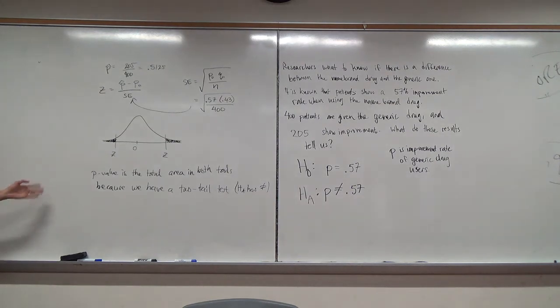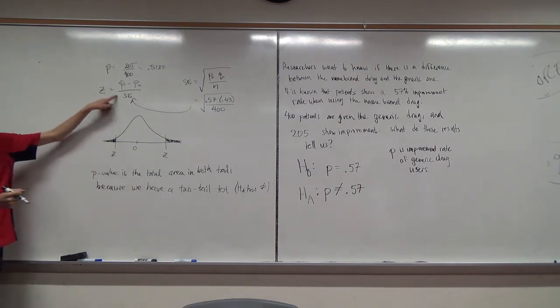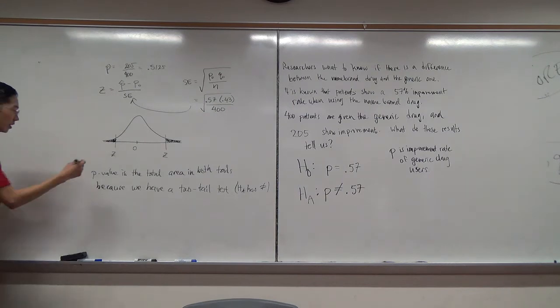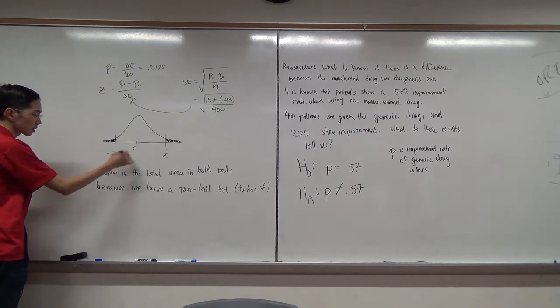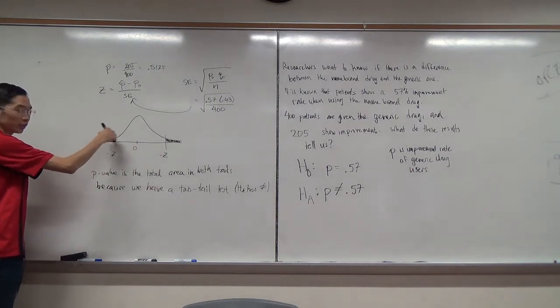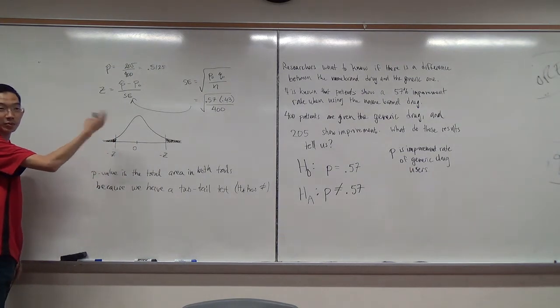Is that comfortable? Yes. So how do you get two z-scores then? So you just get a z-score, and then you take the positive and the negative. Basically, you just look up the area of one tail, and then you multiply it by 2.